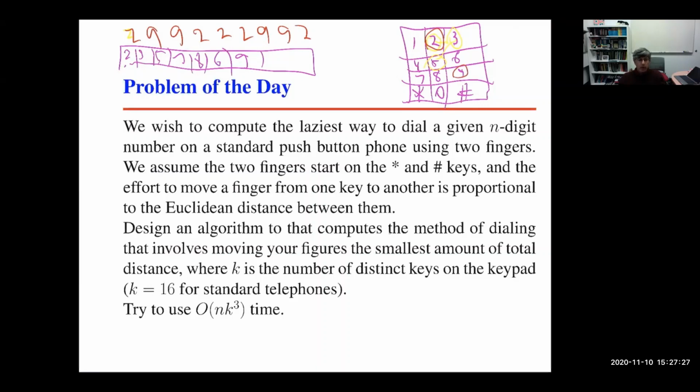What we're trying to do is to minimize the amount of movement around the keyboard that our fingers do. So we are given this keypad. We're given that our finger F1 started here, and our finger F2 started here. We have a phone number we want to dial. Can we figure out the cheapest way in terms of finger movement to do our dialing? Any questions about that?